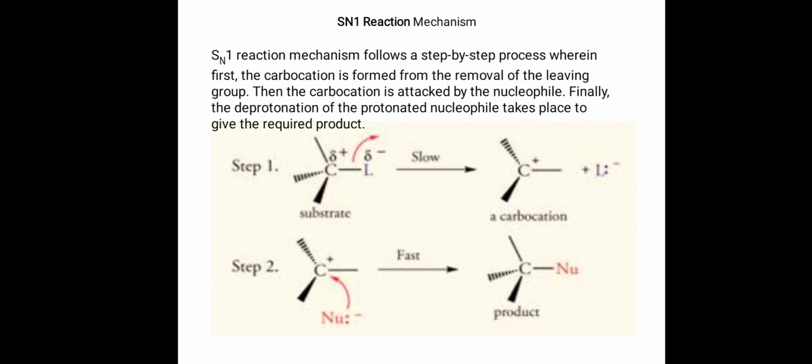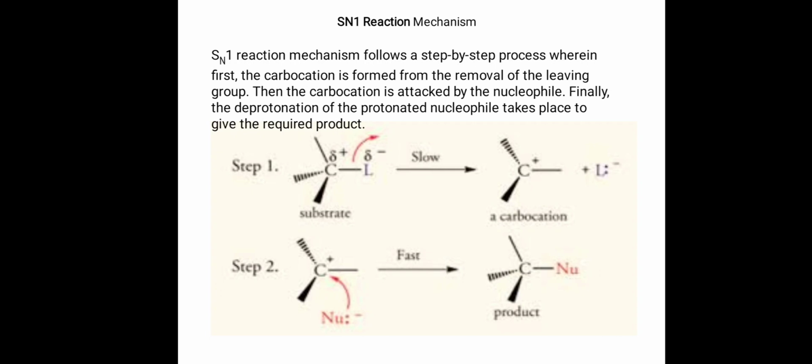SN1 reaction mechanism. The SN1 reaction mechanism follows a three-step process. In the first step, a carbocation is formed, then in the second step the nucleophile adds to the carbocation. Finally, deprotonation of the protonated nucleophile takes place to give the required product. See the mechanism.